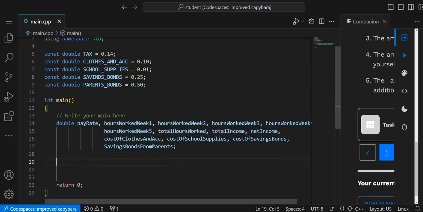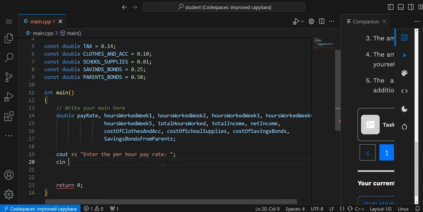Go back to our, let's do our outputs, our cout. So enter the per hour pay rate. Rate.